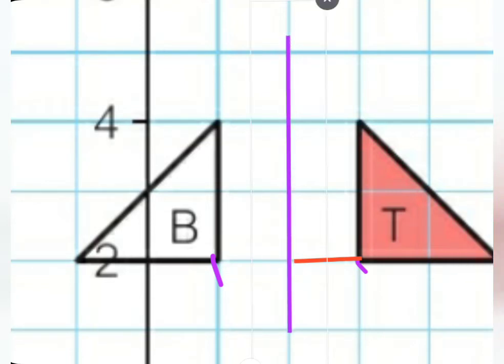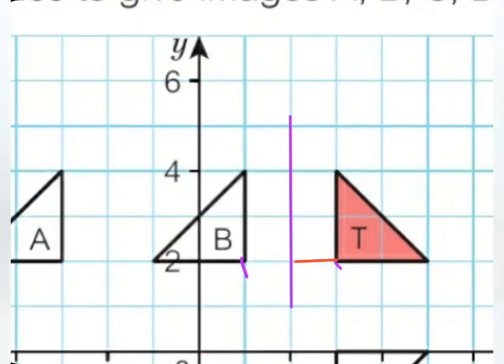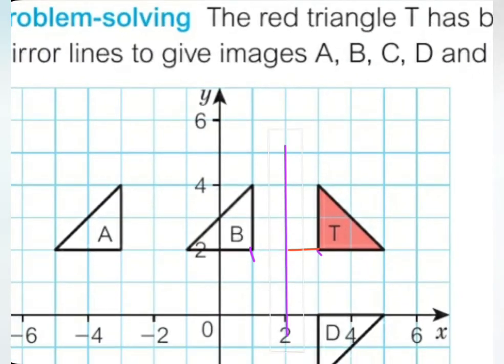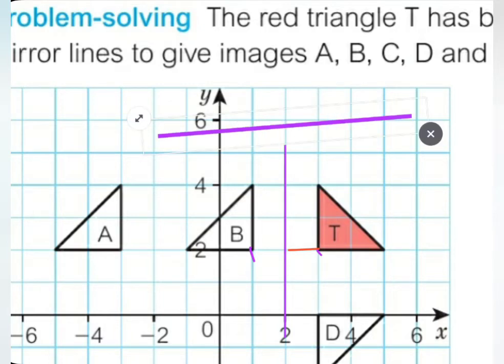Now, as we said, the mirror line is a line that is in the middle between the shape and the image. So the line can't be like this, for example. That's impossible. The line must be in the middle between the shape and the image. This is very important.